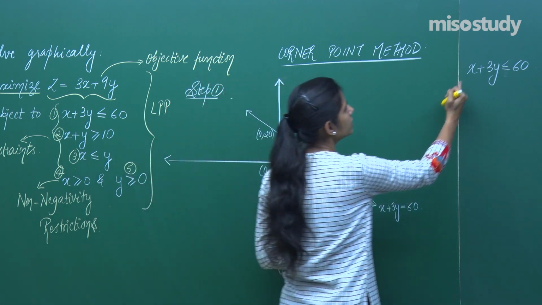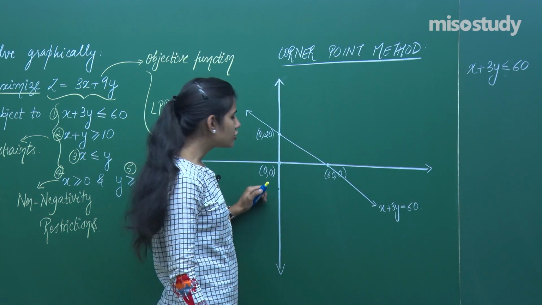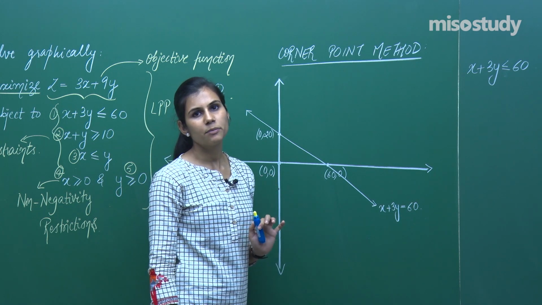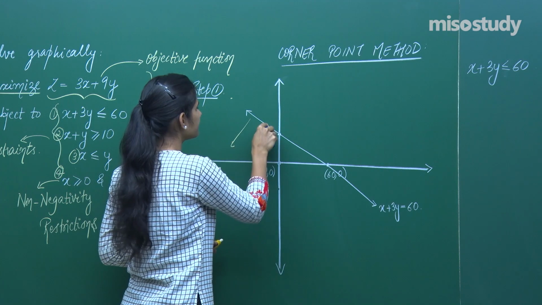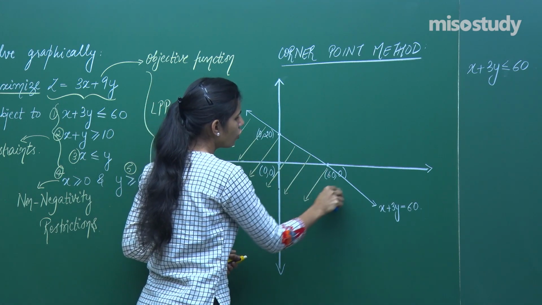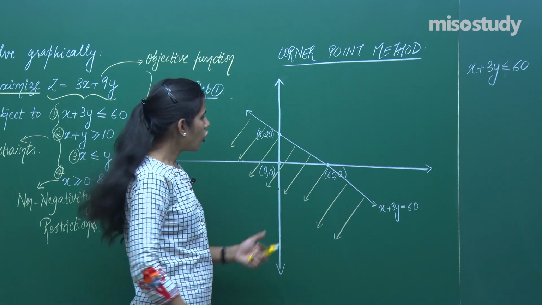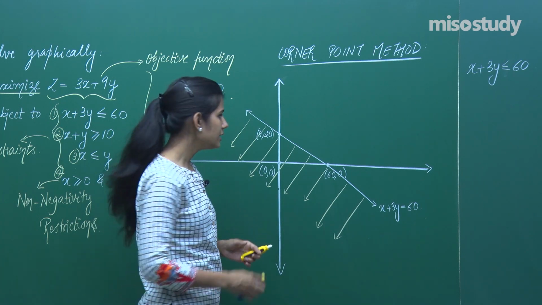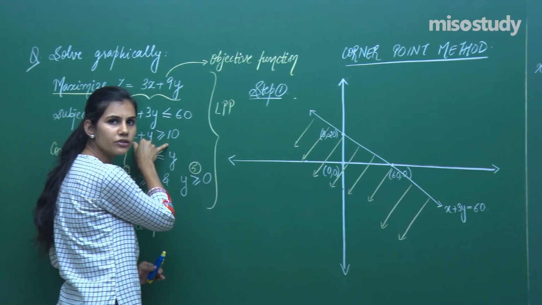Plug 0 over here, you get 0 plus 0 is less than 60, which is true, and therefore the region which contains the origin is going to be represented by x plus 3y less than or equal to 60. So everything on this side is my region: points on the line and points on this side of the line. Fine.